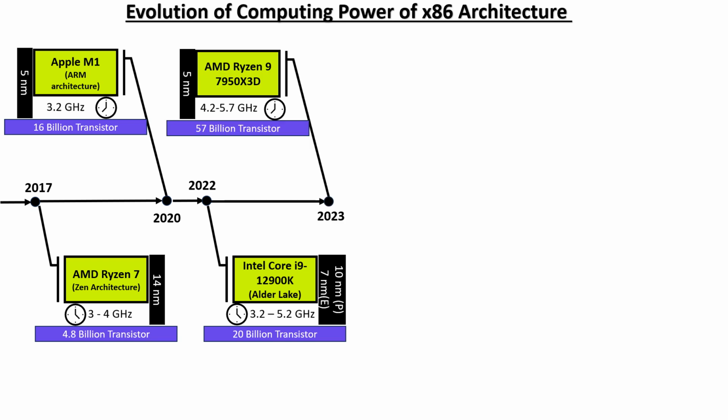In 2023, you can say a very significant thing happened, and AMD again introduced a very heavyweight in the CPU chips. Increased clock speed to 5.7 gigahertz with 57 billion transistors, and the working space shrank to 5 nanometers. For AMD, it was a reduction from 14 nanometer to 5 nanometer.